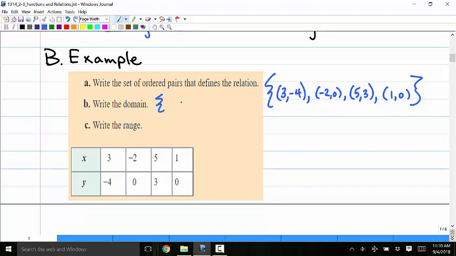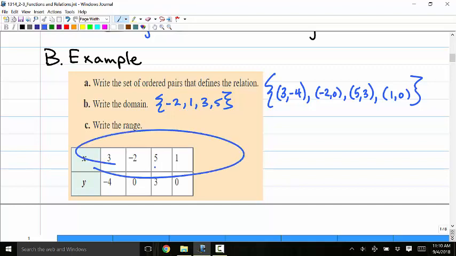It's this set of numbers, negative 2, 1, 3, and 5. Do you have to list them in chronological order? No, you don't have to. You could just tell me it's 3, comma, negative 2, comma, 5, comma, 1. I'd be very tickled because I would know that you knew the domain are the x's.